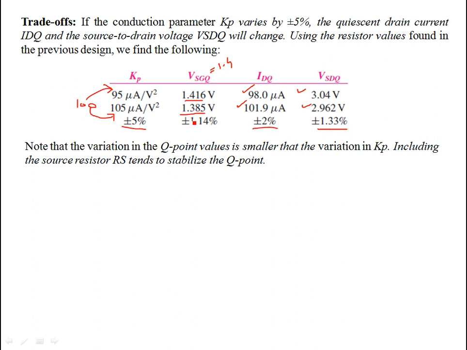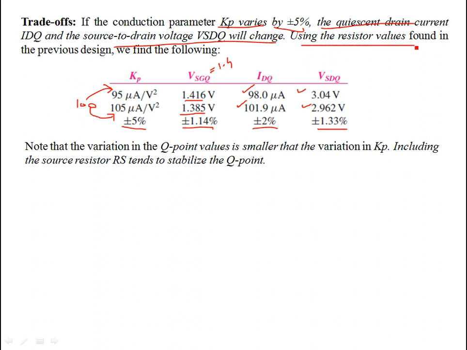These deviations are still less than the 5% deviation of the conduction parameter. So IDQ and the source drain voltage do change, but not by 5%. It's still less than that.